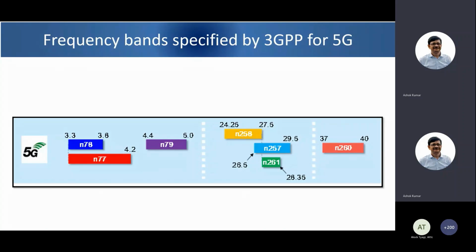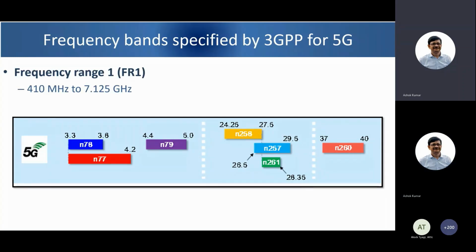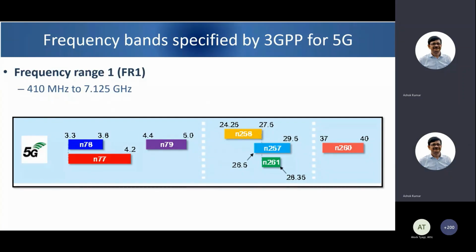Not all the bands identified by ITU will be used immediately. As technology gets developed, we use them. So they defined two frequency ranges. Please remember, one is called frequency range 1, FR1. This is a terminology used by 3GPP.